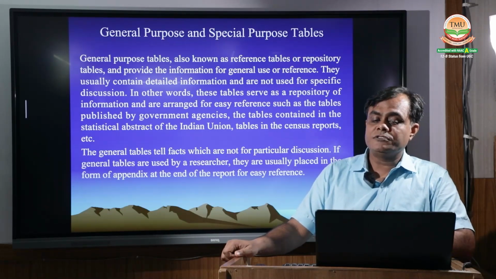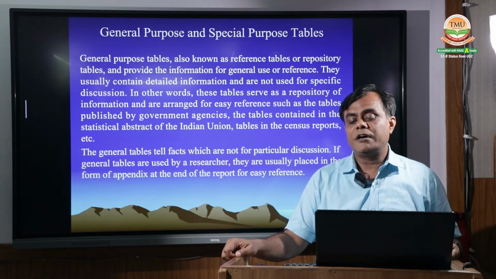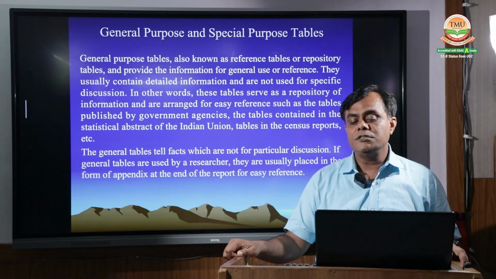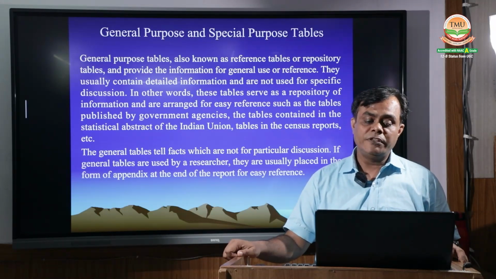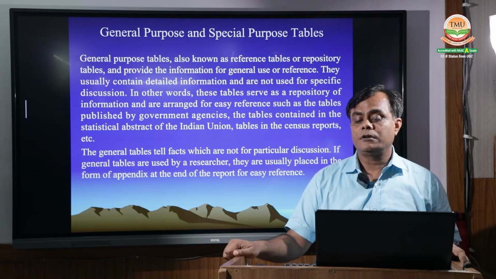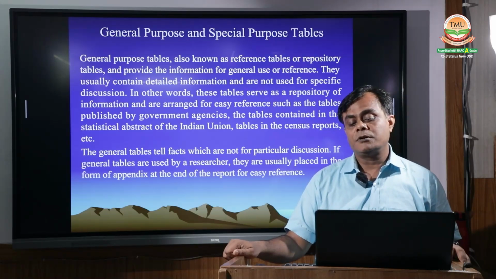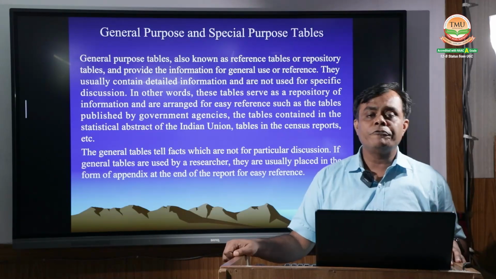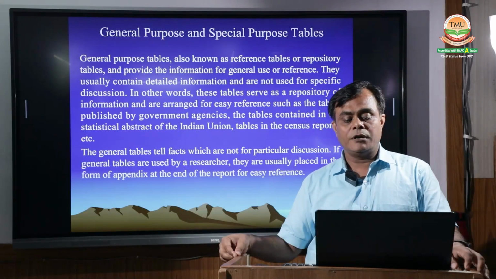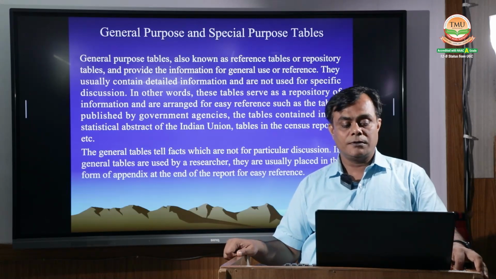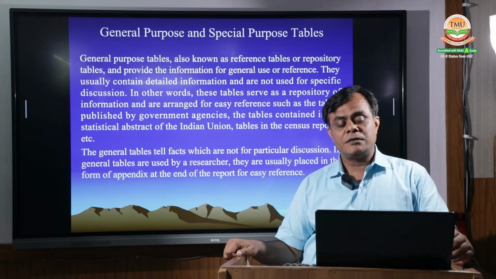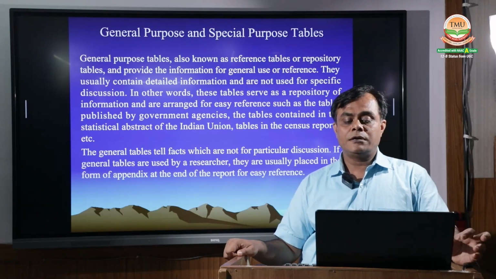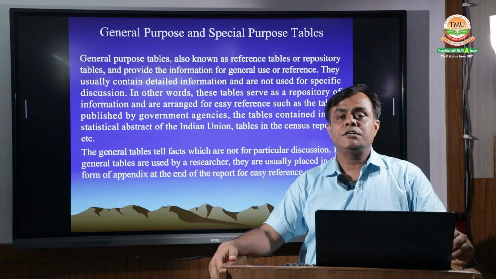In other words, we can say that this table serves as a repository of information, arranged for easy reference, such as the tables published by government agencies, the tables contained in the Statistical Abstract of the Indian Union, tables in the census report, etc. So when different agencies use tables for archive or publication purposes, and that published table is used by others, that type of table is known as a general purpose table.